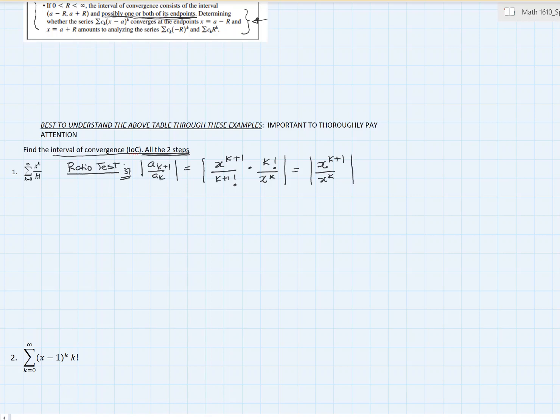So keep the x terms separate from the k terms. So this is k factorial, and in the denominator I have k plus 1 times k factorial. So this cancels, and here obviously x to the power k cancels, and I'm left with absolute value of x times absolute value of 1 over k plus 1.